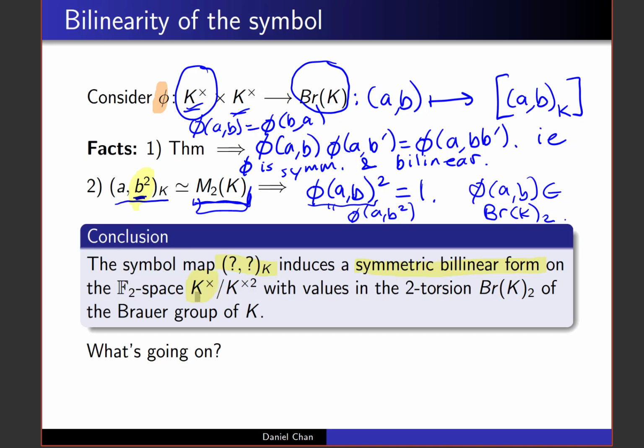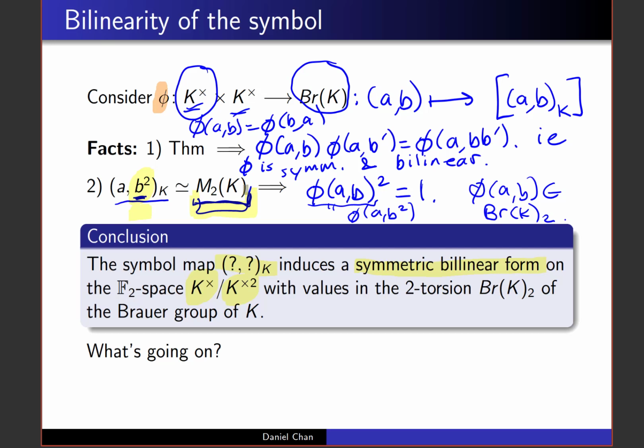So it doesn't depend on the element of that field, that non-zero element of the field, except up to squares. Okay, if you change the second value by some b squared, you'll only change it by some m2k, so that's not going to change it inside the Brauer group. So that's the first point.